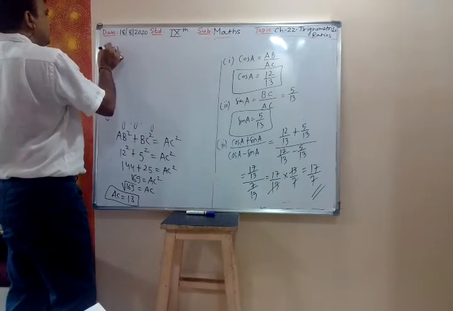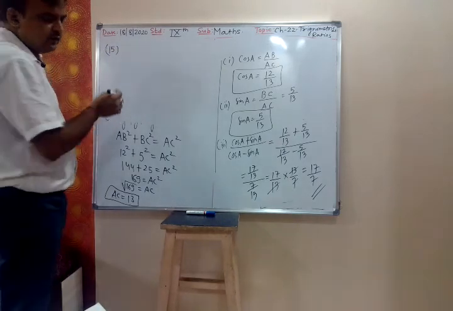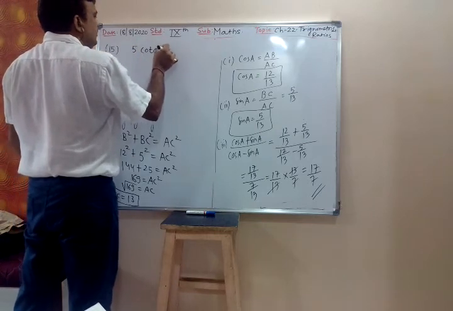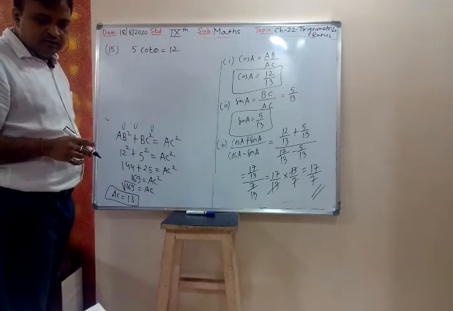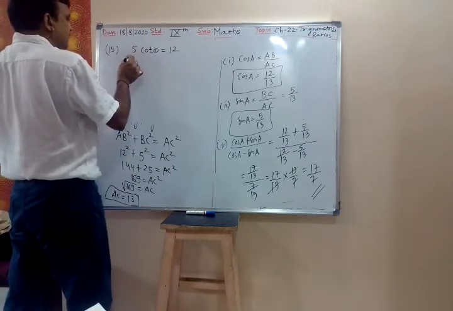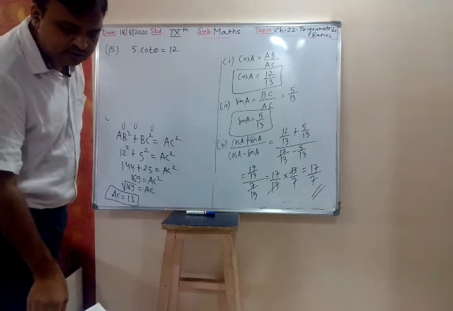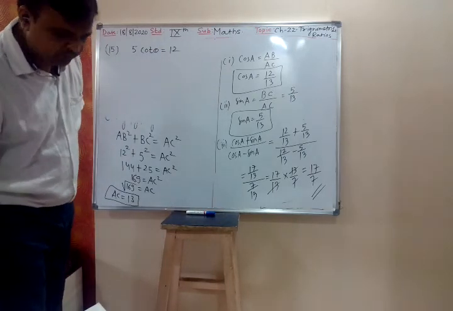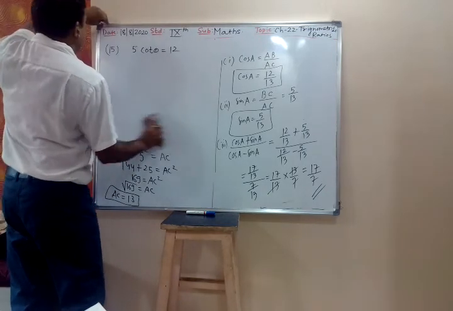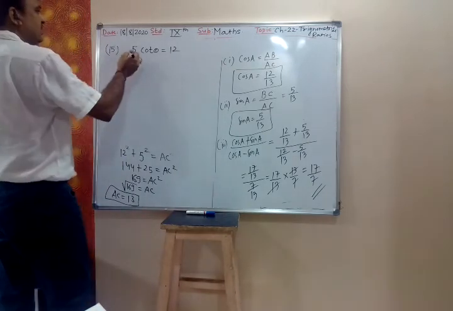The 15th, which I am explaining: 5 cot theta is equal to 12. Find the value of cosec theta plus 5 cot theta is equal to 12. Just see, one minute, I will just explain.